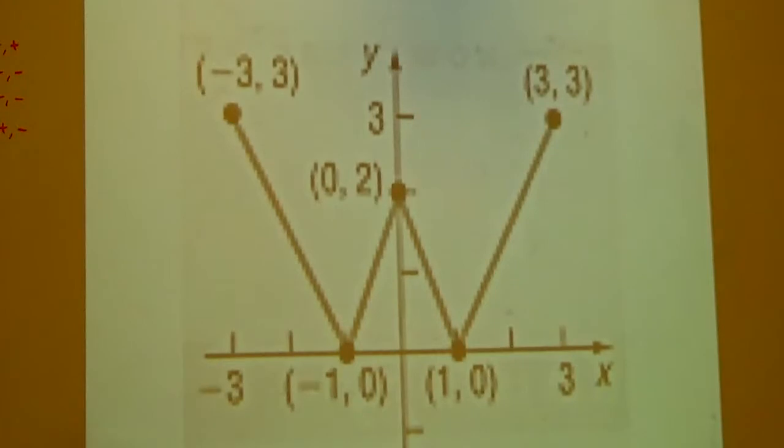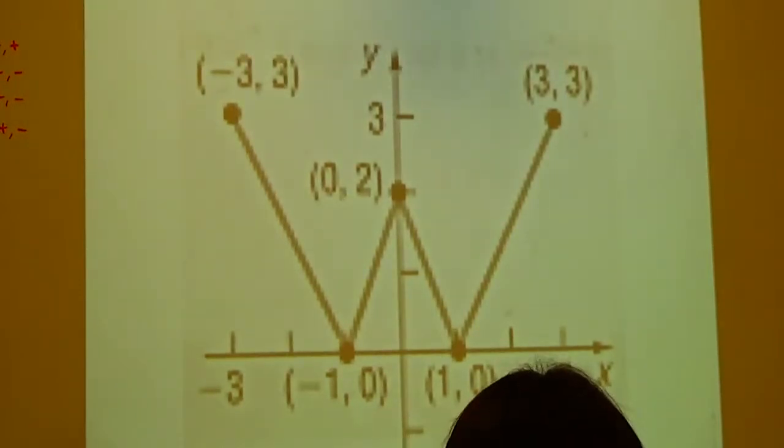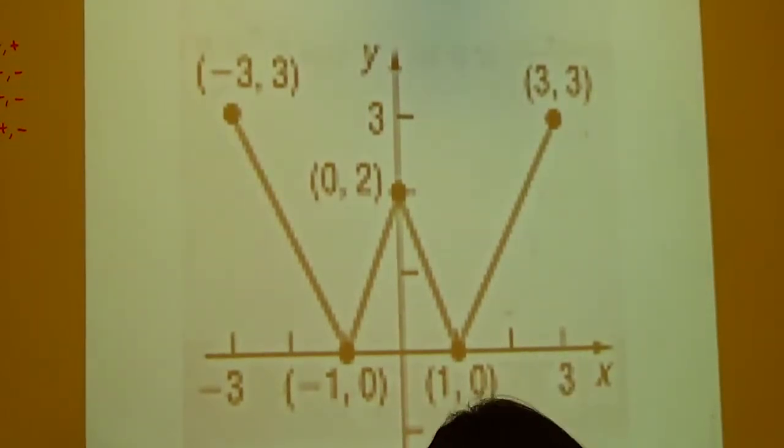How many places are increasing on this graph? 2. The first one that we're increasing is increasing from where to where? Good. -1 to 0. The second one's increasing from where to where? 1 to 3.